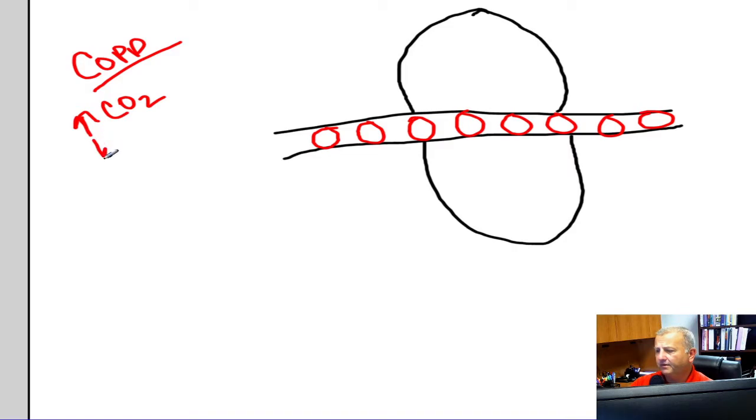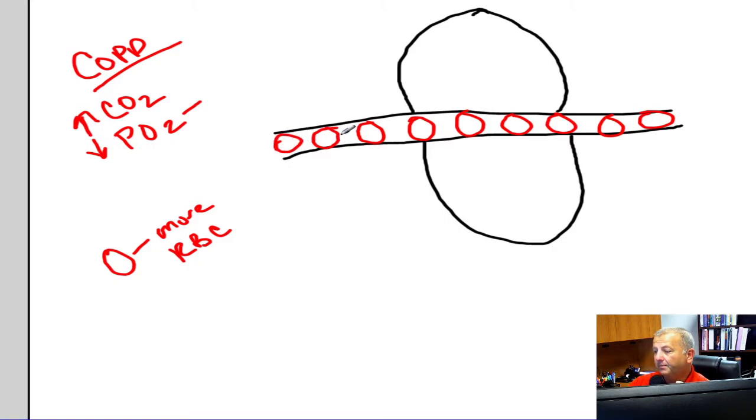Chronically, their pulse ox or their arterial blood gas is a little low. And what this signals to the brain is, look, we're not breathing very well, so let's make more red blood cells. So imagine now all the red blood cells crowding in here.